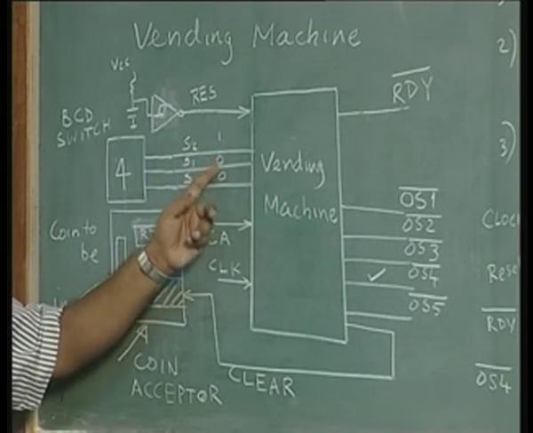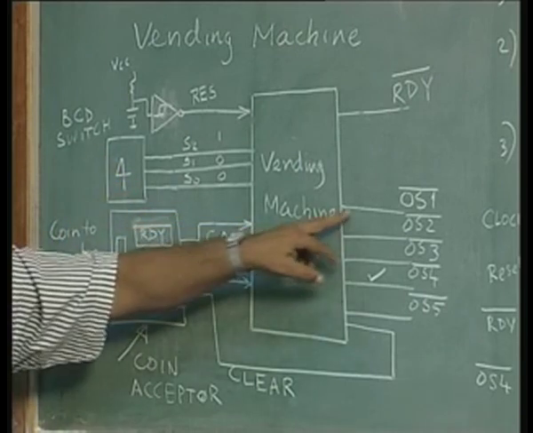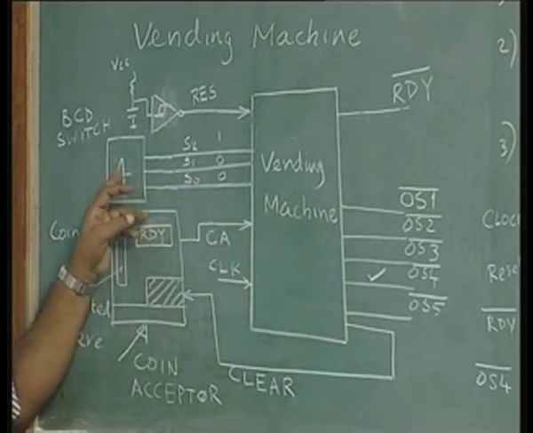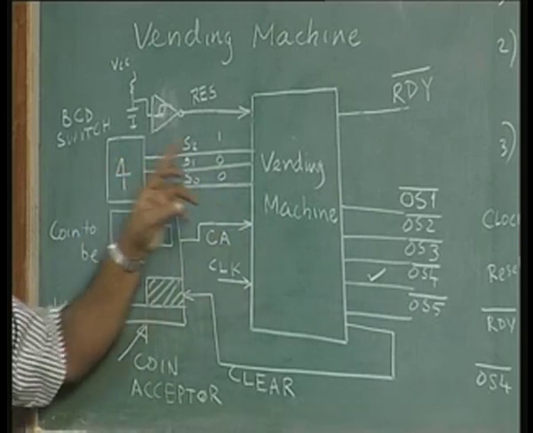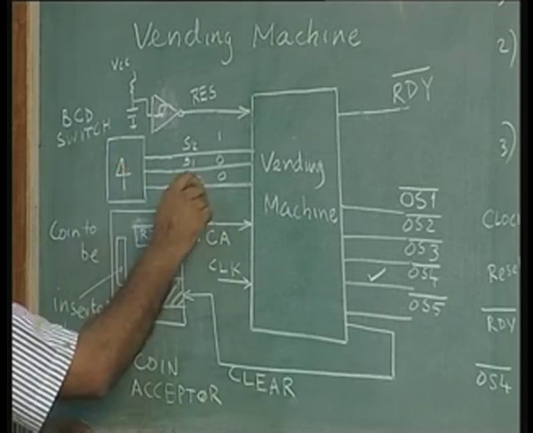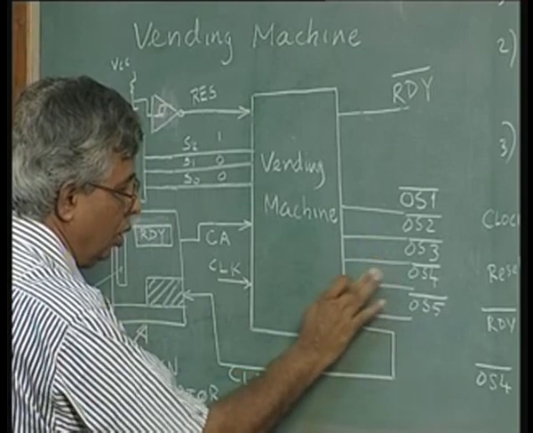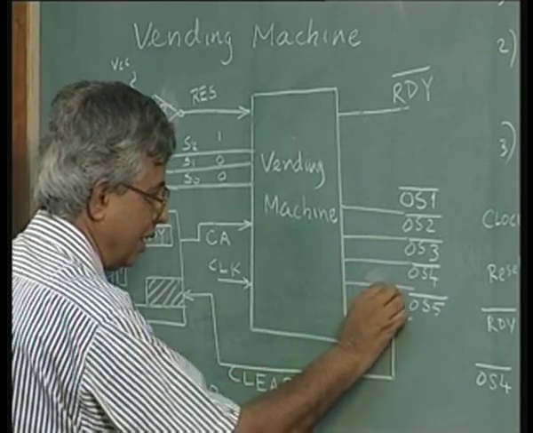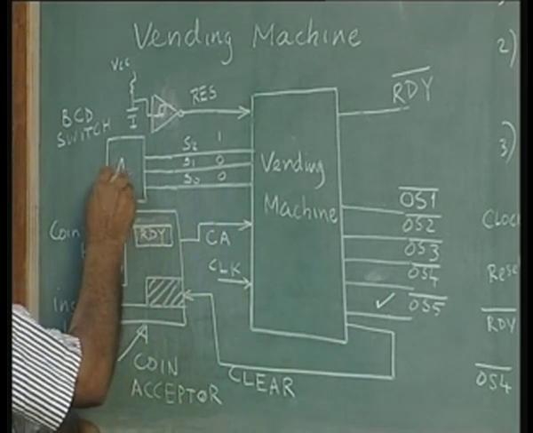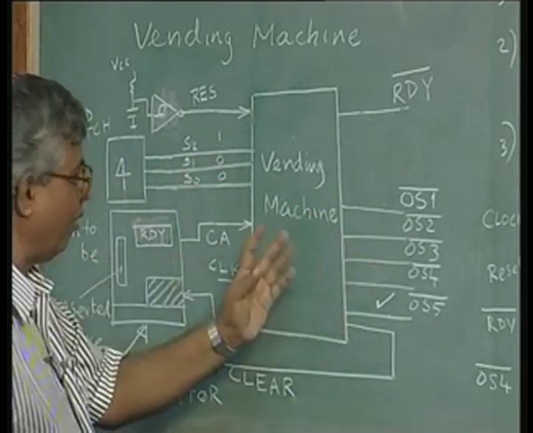Really speaking, BCD 0 should give the first selection, BCD 1 the second selection, BCD 2 the third selection, 4 the fifth selection, and so forth. When you put a 4 here, it is 1 0 0, but since this is 0 1 2 3 4, YS4 is not selected, YS5 is selected. So if you want to select YS1, you should put 0 here, and 0 0 0 will select YS1. This is only a minor matter.